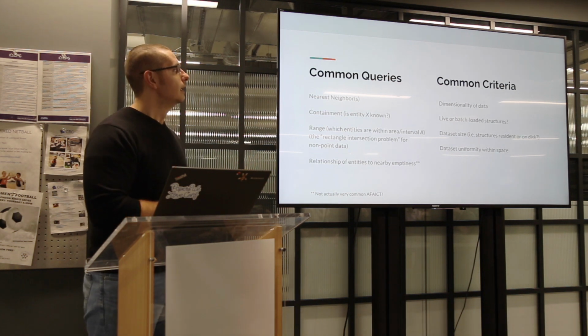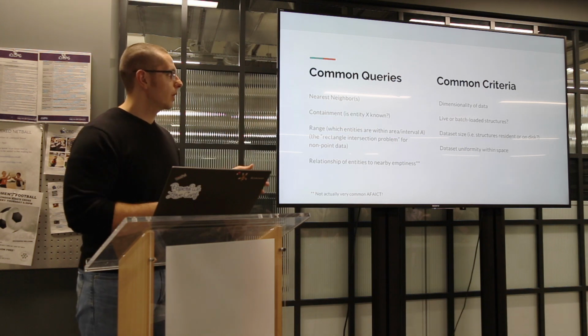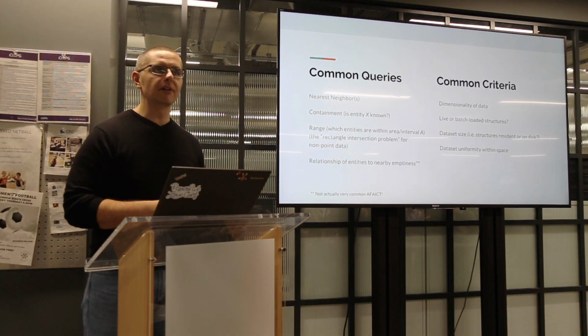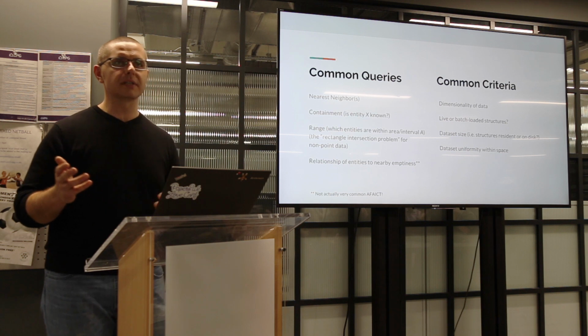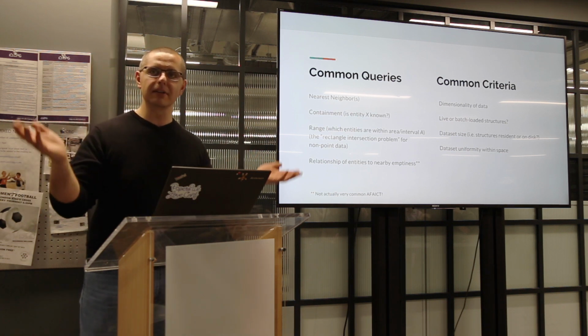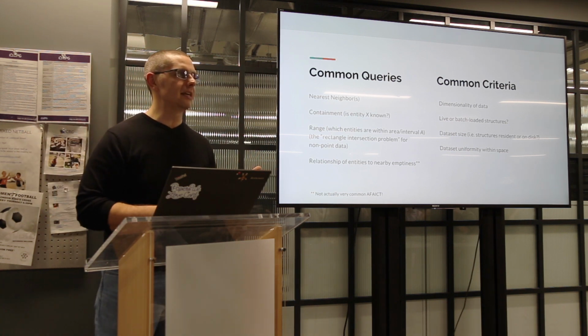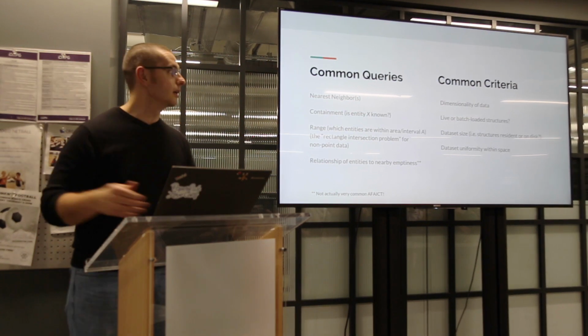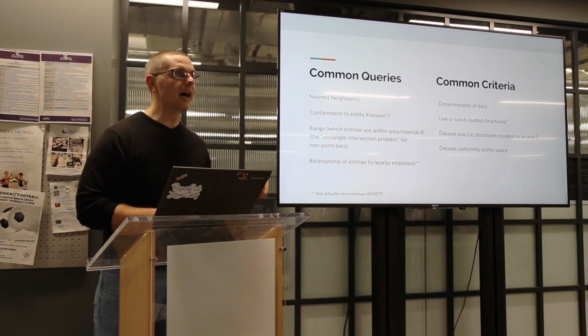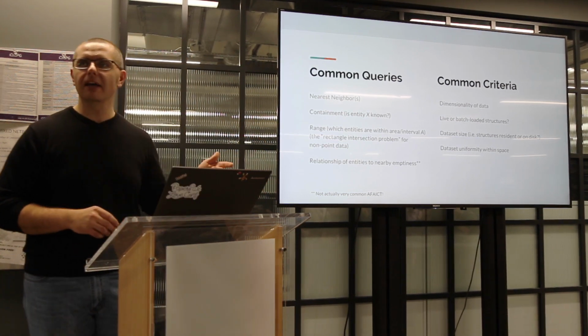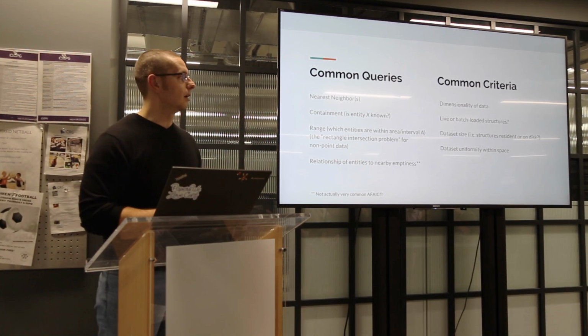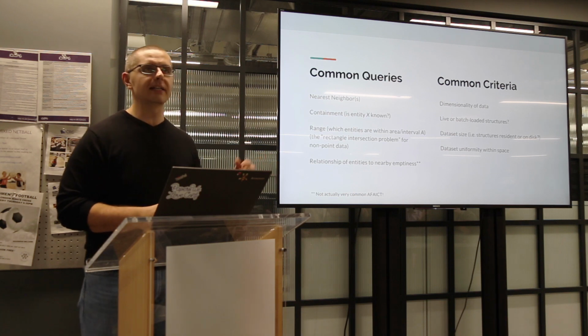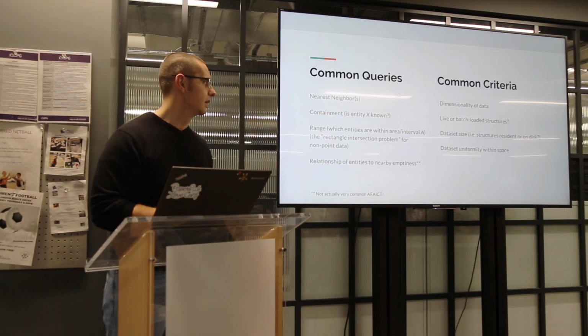triangle inequality. And so a bunch of common queries you'll find: nearest neighbors, find me the cities closest to London that have a population greater than X. Or find me the paragraphs closest to this line on a page. Containment, whether or not we already have an entity for this character within our data structure, or an entity for this city within our data structure.